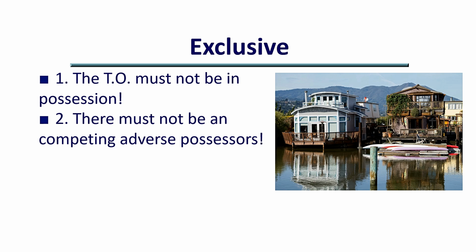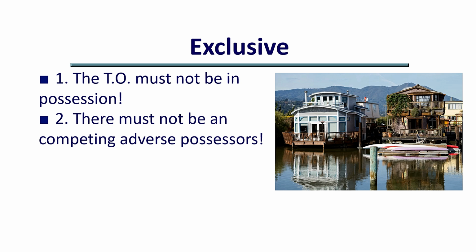The picture of the houseboats is there to remind us of a good case to illustrate this point. It's a Washington state case in which a guy who owned a houseboat tied it up on a beach that didn't belong to him on Puget Sound. And he lived in the houseboat and walked across the beach, used it as access to his houseboat for more than 10 years, which was the statutory period in Washington.